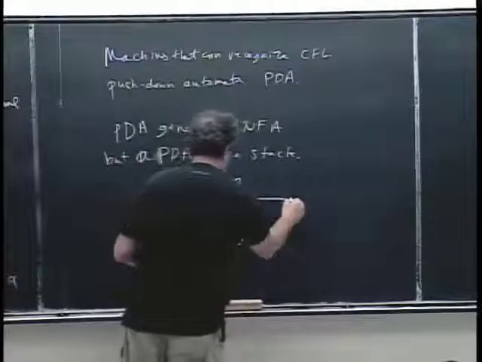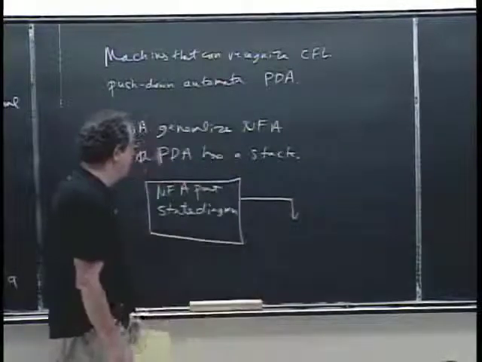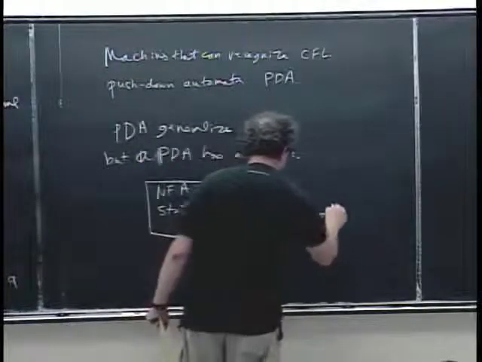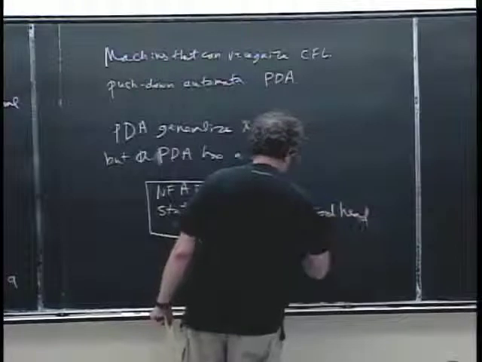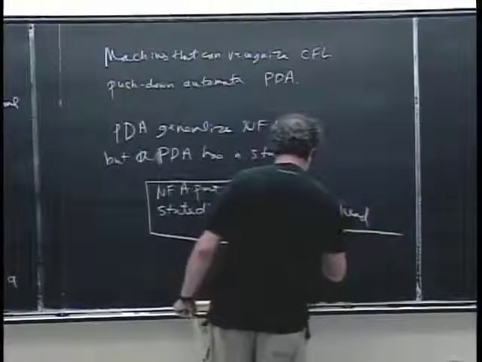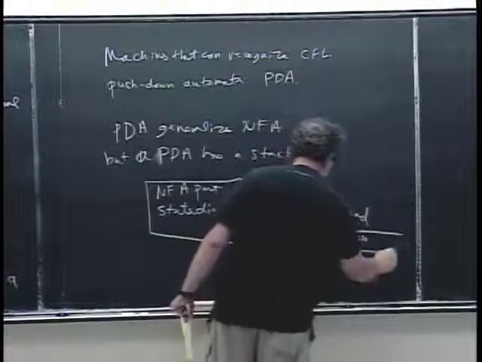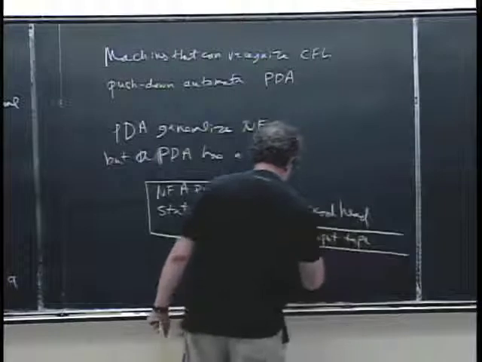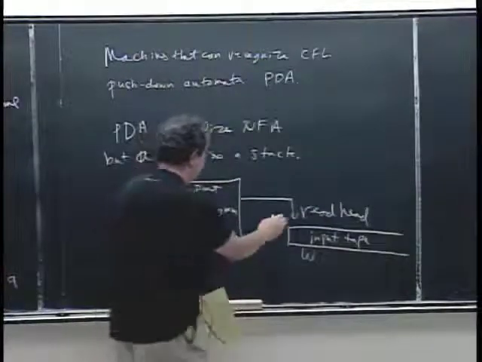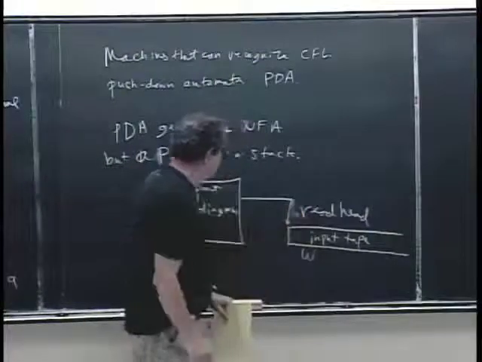And now, just in order to prepare for more general machines, the way we want to think of this is there's a kind of a read head here, and it reads an input tape. And this is where the input string is written. Okay? And the read head starts at the left end.